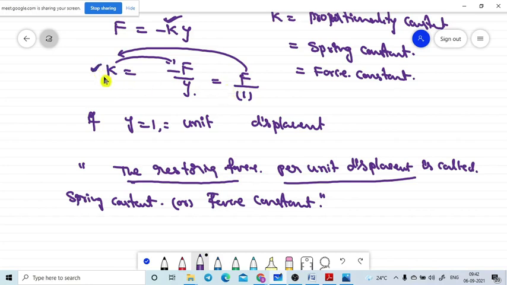So don't worry about the negative sign. The negative sign indicates that the force direction and the displacement direction are always opposite.